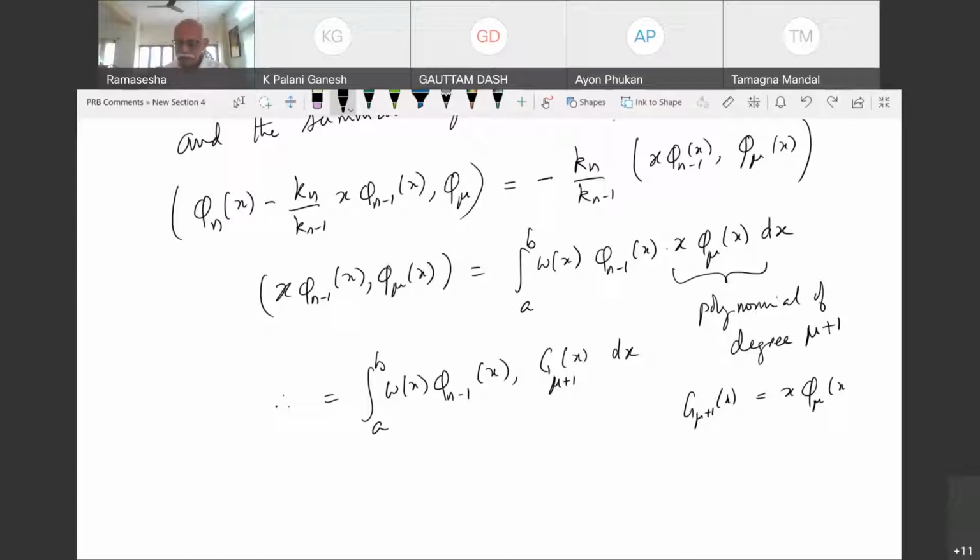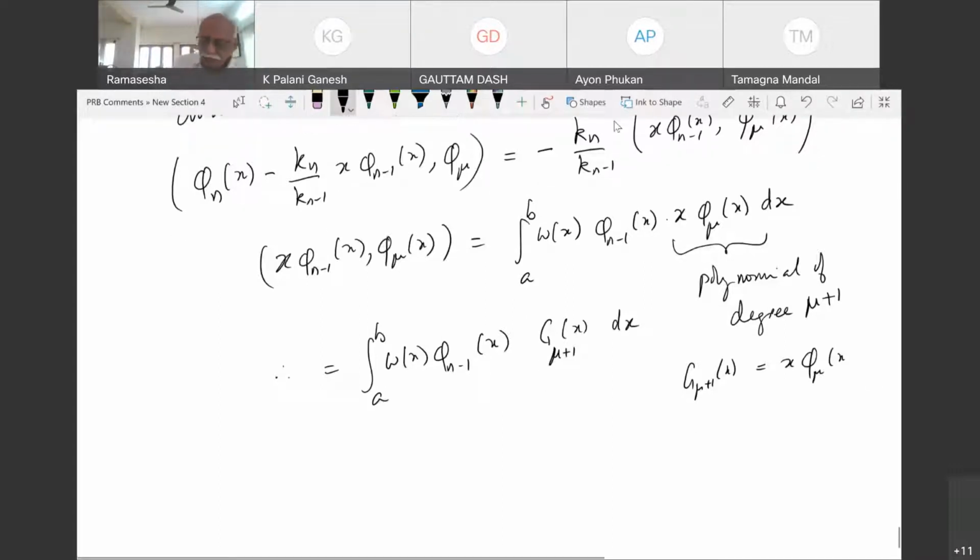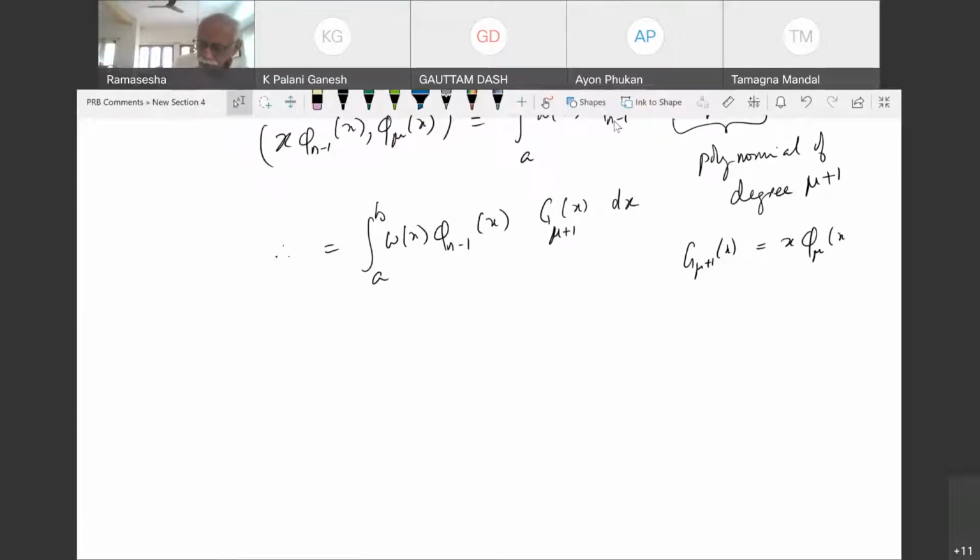Now let us continue from here. When I continue, what you will see is that mu plus 1 is equal to n minus 1 or n, right? Because if mu plus 1 is n, p_{n-1}(x) is not orthogonal to polynomials of degree greater than n minus 1, so that won't be 0.